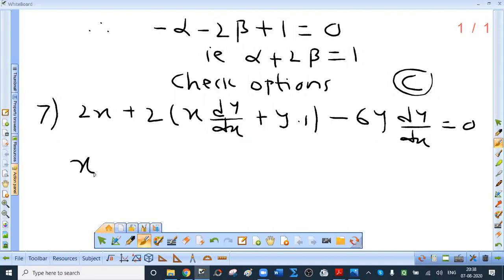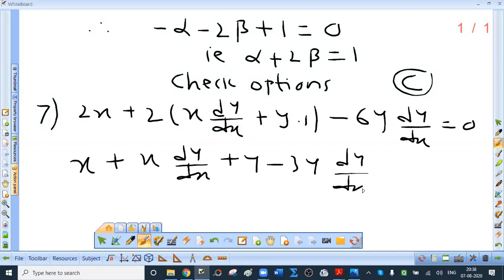Okay, divide by 2. So this is x plus x dy dx plus y minus 3y dy dx equal to 0.